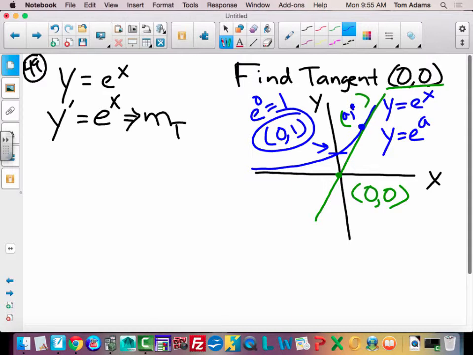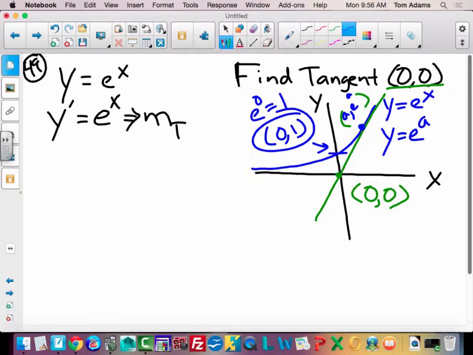So y is equal to e to the a. So that's the point on the curve where the tangent line crosses through the origin. And it's arbitrary because I don't know the value of a. If I did, I would just plug that into e to the a, and that would give me the x, y coordinate on the curve of the tangent line that would go through the origin.